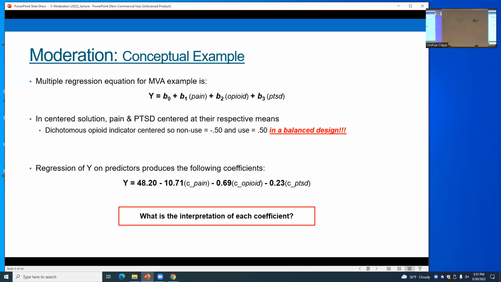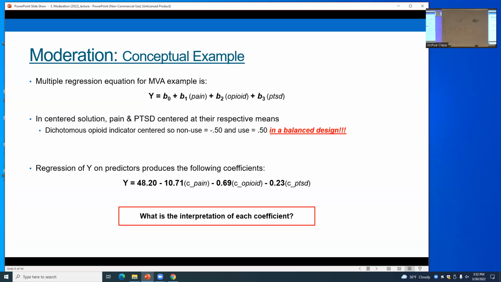Not quite. Remember, these are slope coefficients. Yeah, that's a standardized coefficient, but you're getting closer.